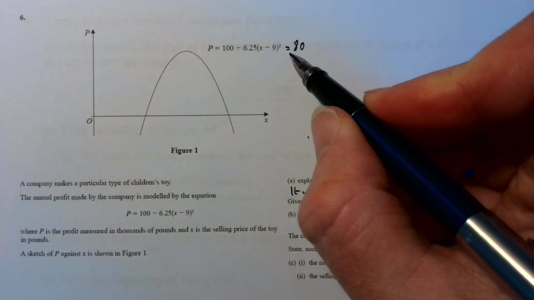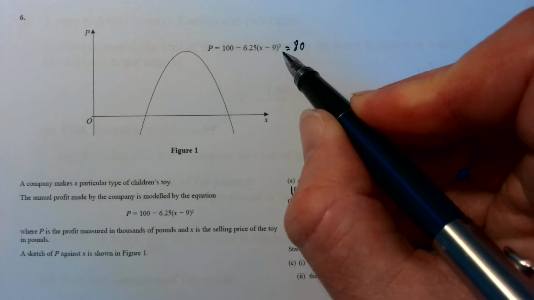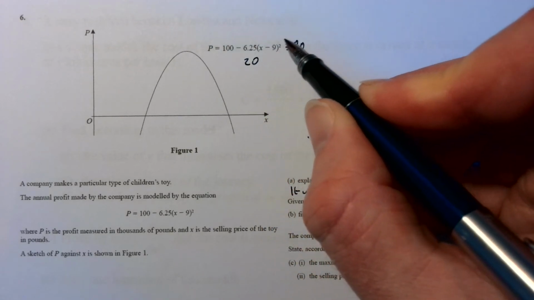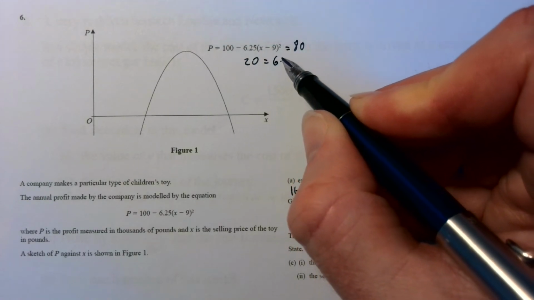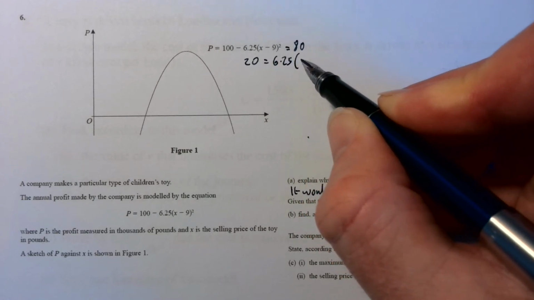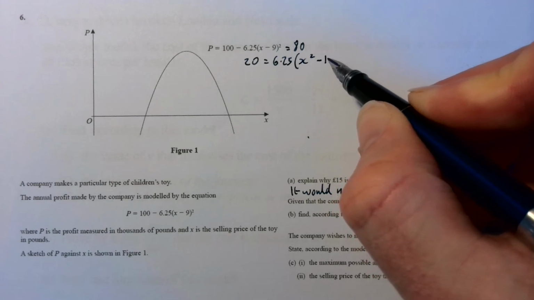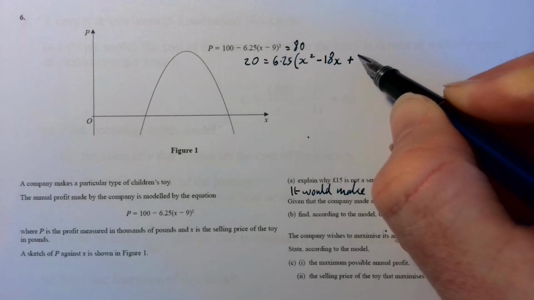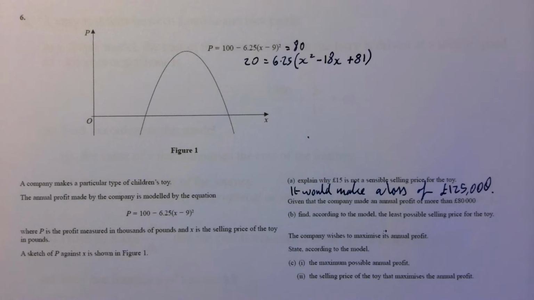Right, so if I take 80 from both sides, that would give me 20. And then if I take that over to the other side and expand the bracket, that would give me 6.25, and my bracket is going to be x squared take 18x plus 81.